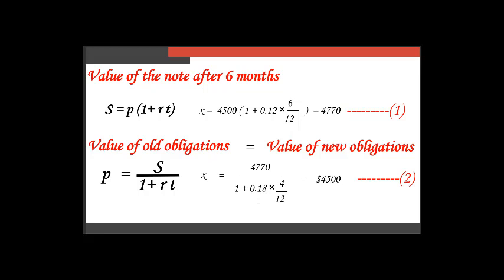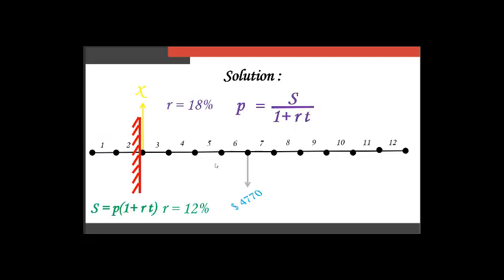Second, whereas the focal date lies before the maturity dates of old and new obligations, the value of old debts equals the value of new debts, so the value of X equals X, and the value of 4,770 equals 4,500. So X will be equal to $4,500. Note that the time for 4,770 equals 4 months because it's the distance between the maturity date and the focal date.